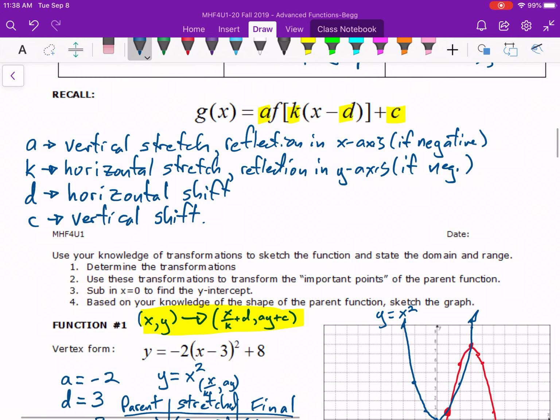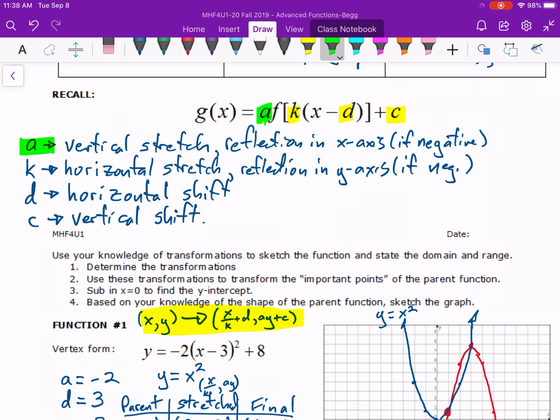I've already talked a bit about the transformation formula. You know this from grade 11. You really want to become familiar with this. You want to make this one of your best friends in math class because we're going to use it all the time. A is our vertical stretch, right? So that number that comes right after the equal sign is our vertical stretch.